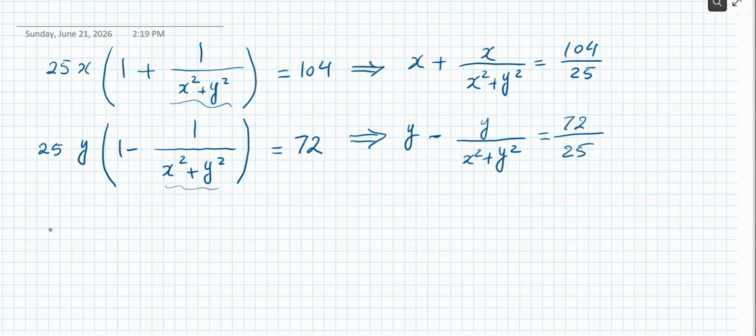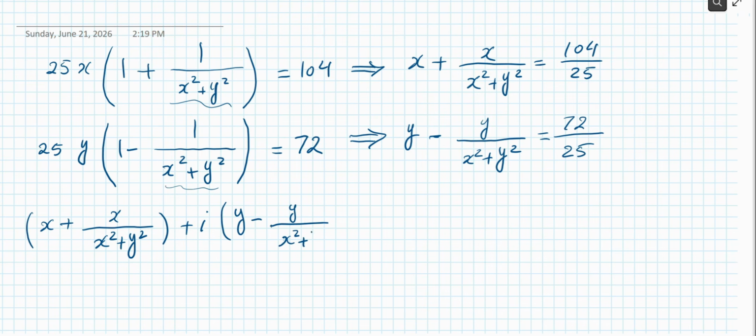So we have x plus x over x squared plus y squared, and then i times y minus y over x squared plus y squared equal to 104 over 25 and i times 72 over 25.